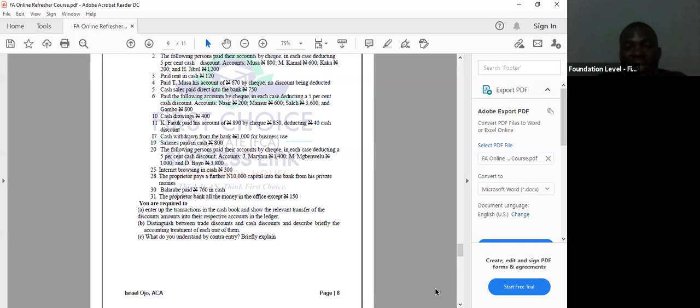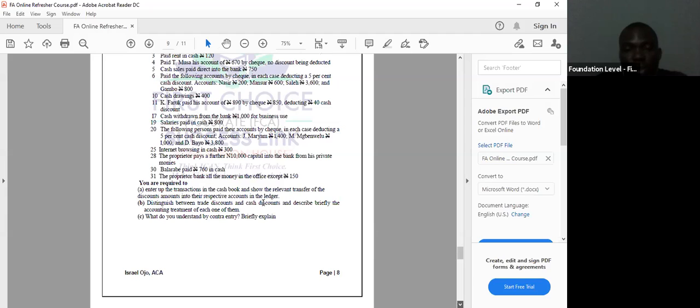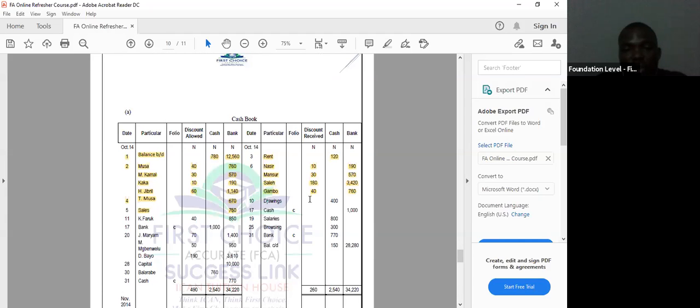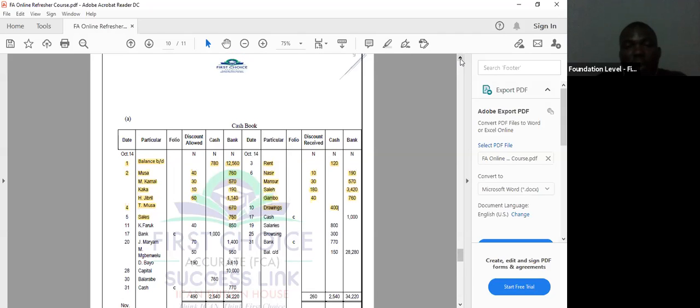Anything taken out by the owners, not for the purpose of the business, is regarded as drawings because it's taken out for personal use. Now, who is giving? It's cash that is giving. So cash is reducing by 400. So we state the drawings to be 400 because cash is the one giving. We are reducing cash by 400.